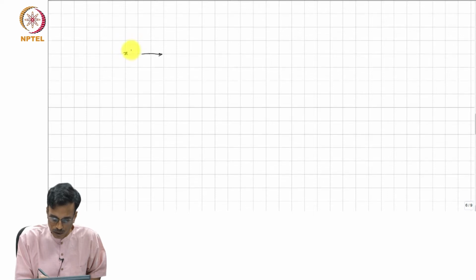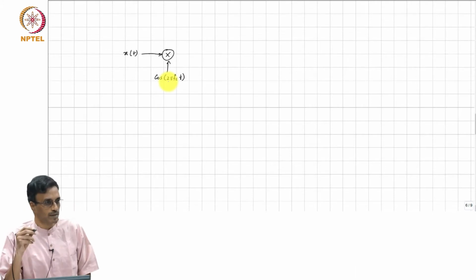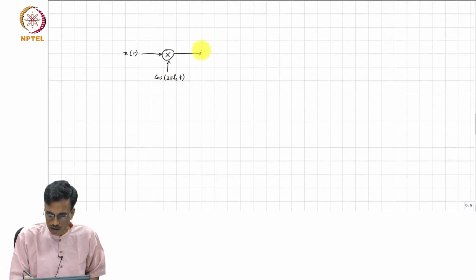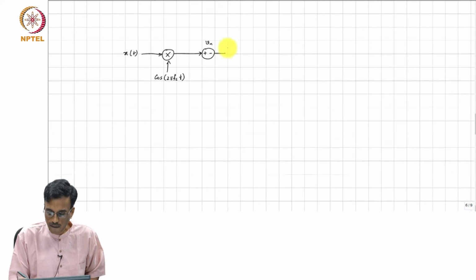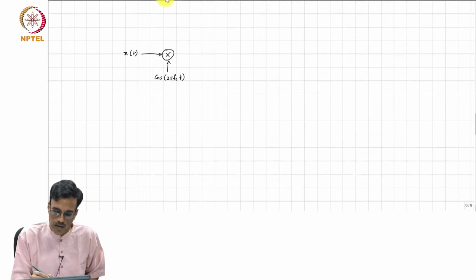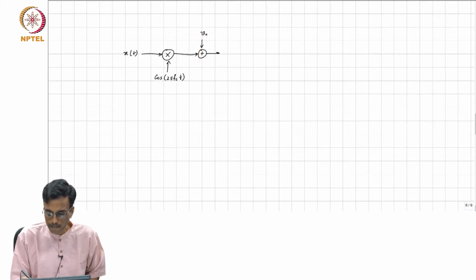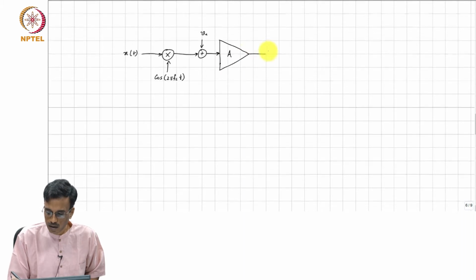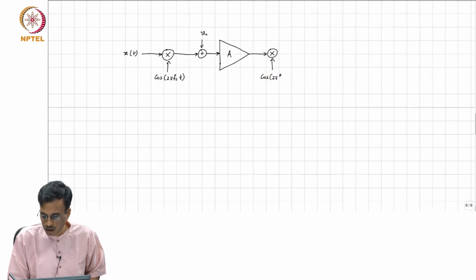So, this is x of t, the input, f c is called the chopping frequency, and this is the input referred noise of the amplifier, or actually, if you are drawing the signal flow graph, this will be a summation, this is V n, this is going to be amplified by gain A, this is cos 2 pi f c t, and this is y of t.